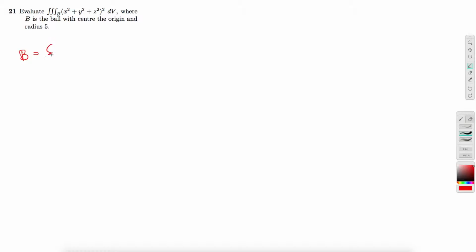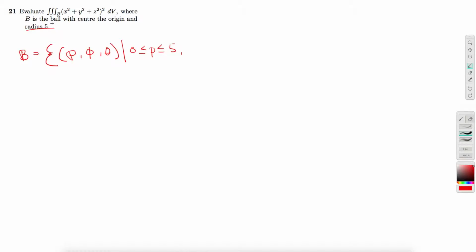So we know that we're solving for rho, phi, theta. We know rho is the radius, and we're told the radius is 5. Too easy, rho is 5.